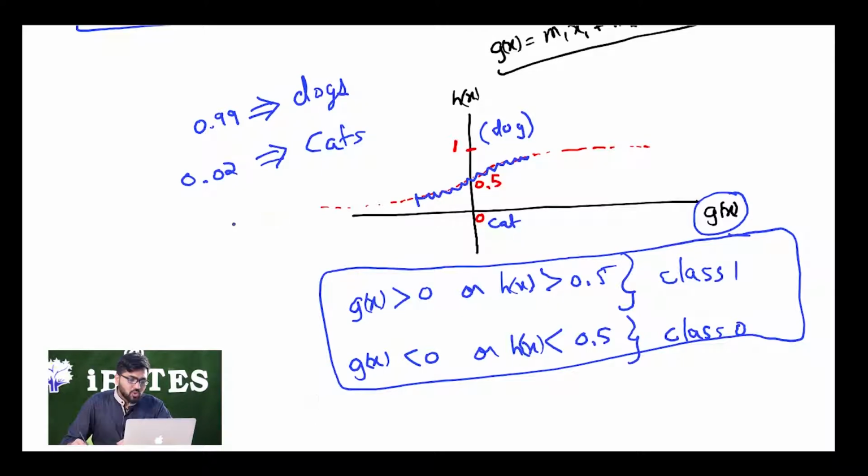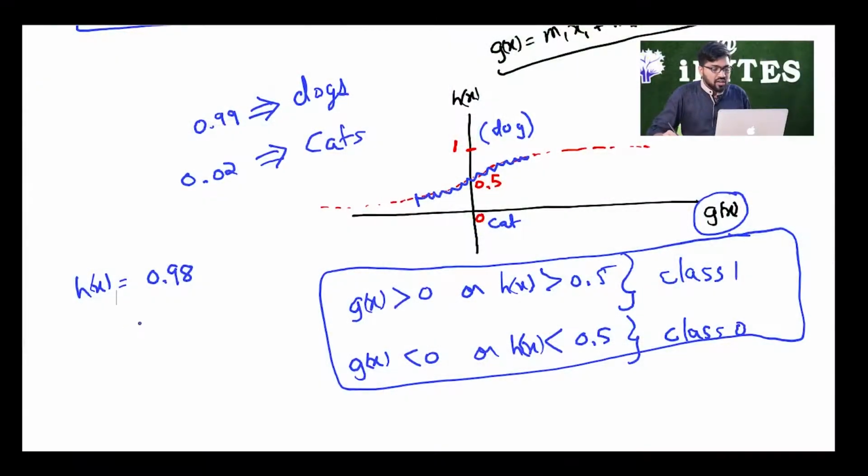Okay, so what do we mean when my algorithm says that 0.98 value? When it says that h(x) is equal to 0.98, it basically tries to say that I am 98% confident that this image should be an image of a dog. Or if it gives me 0.75, it is saying that I am 75% sure that this image is an image of a dog.